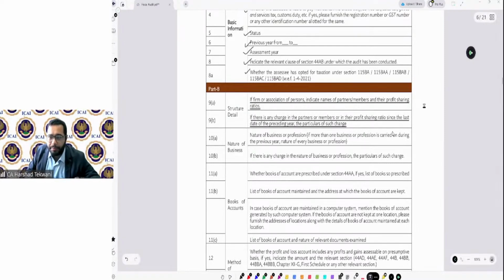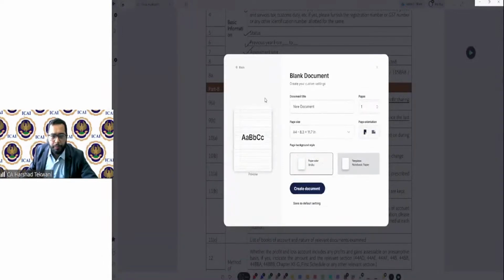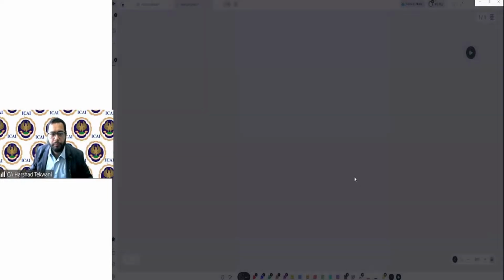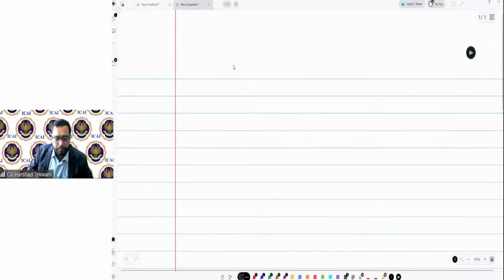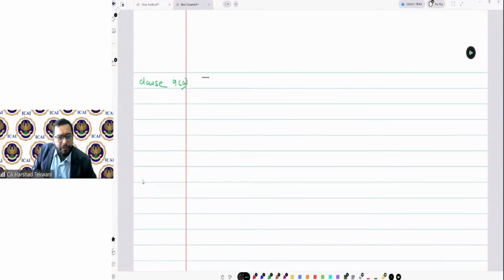So in case of a registered firm, I can go for MCA documents to verify these details.